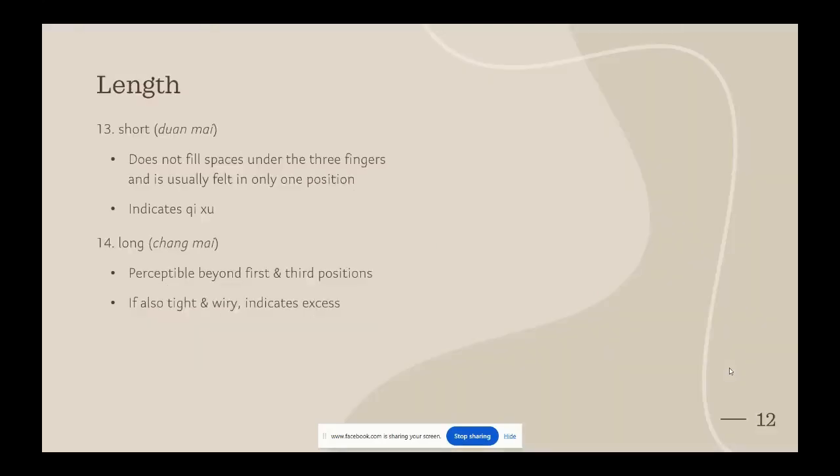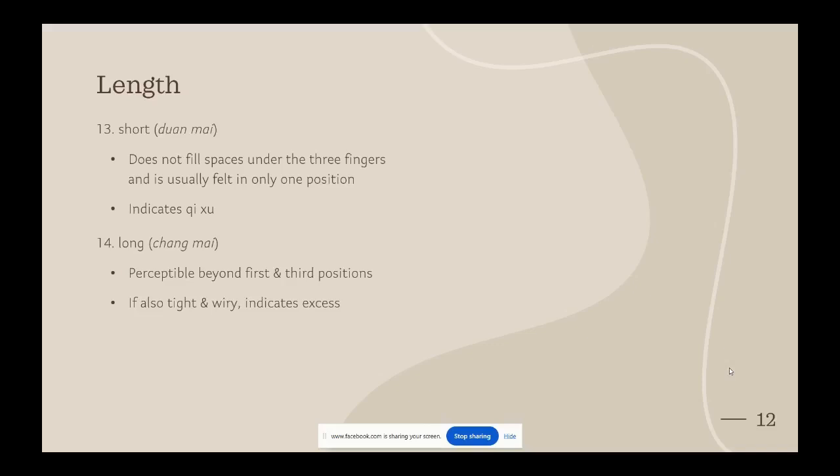And then length. A short pulse is a pulse that does not fill the spaces under the three fingers, those three pulse positions, and it's usually felt only in one of those positions, and this indicates qi deficiency.